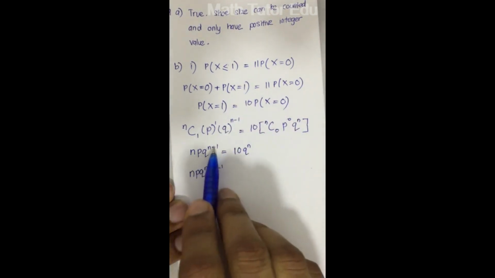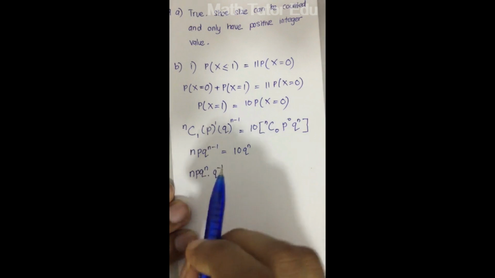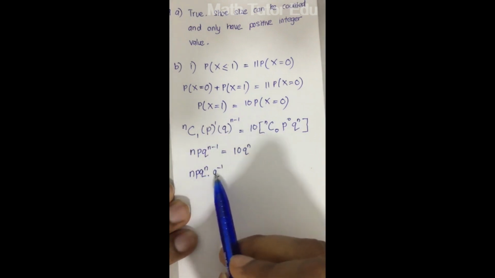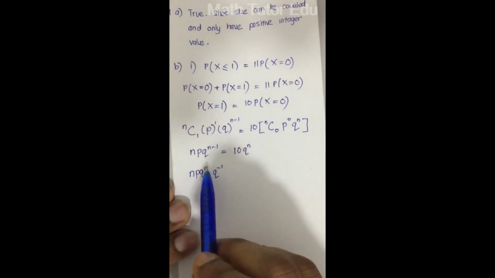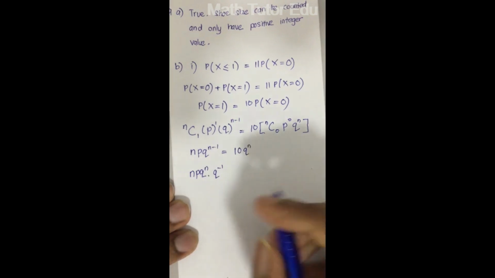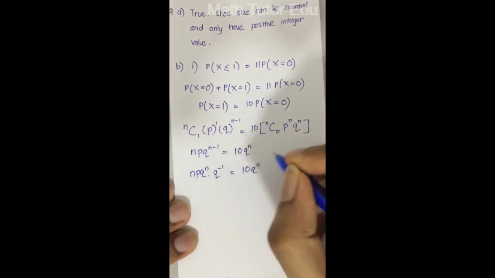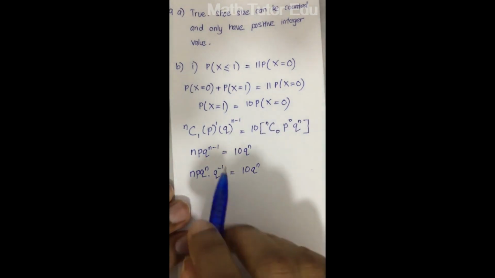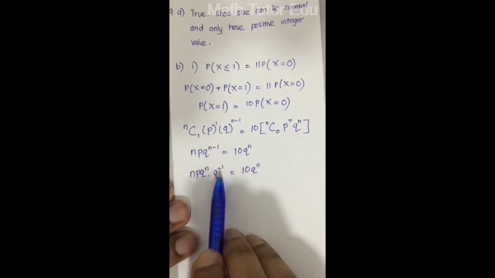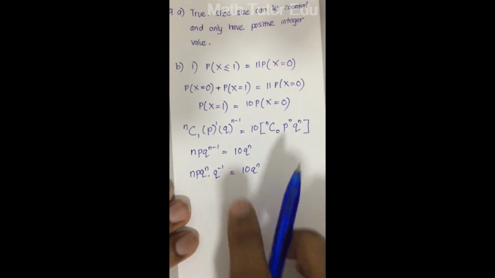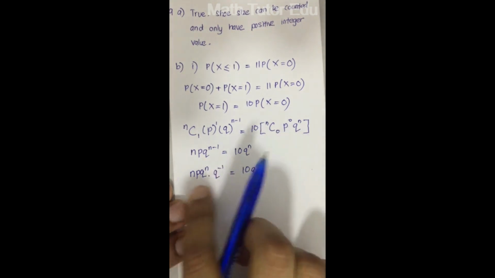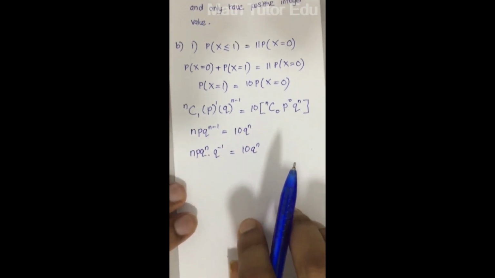Remember this is the indices law, guys. q to the power of n plus q to the power of negative 1, that's how you get q to the power of n minus 1, equals 10 q to the power of n. Since you have the negative power here, we can change it into the fraction form. You have a negative index, so we can change it into the fraction form.